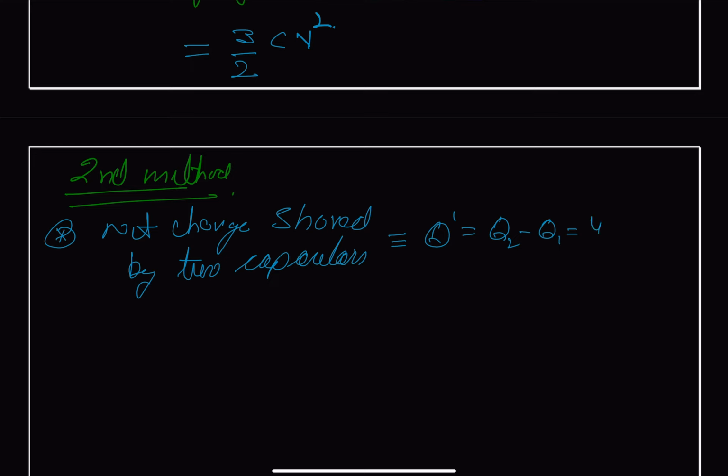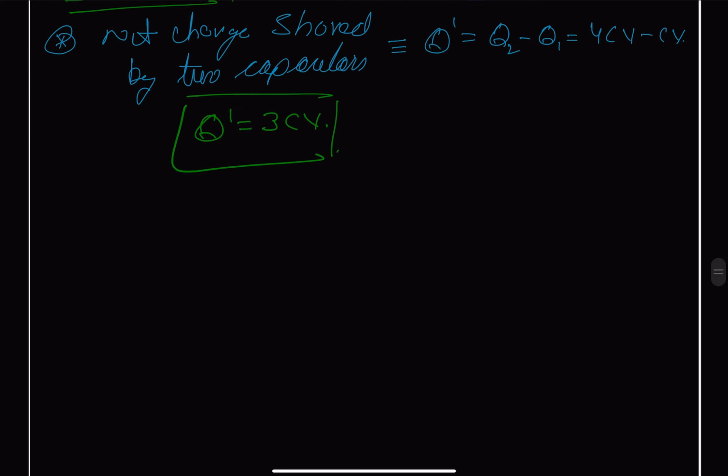So this is 4CV minus CV, which gives us that Q prime will be equal to 3CV. The capacitors should have a common potential, that is V prime. But before that, let us find out the net capacitance, because they are connected in parallel.